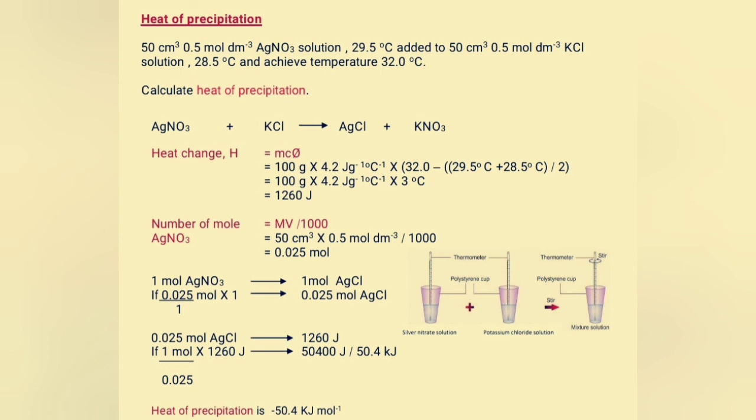Negative means exothermic reaction because the temperature of the solution increases, and kilojoule per mole means 50.4 kilojoules of heat is released to form 1 mole of precipitate in this reaction.